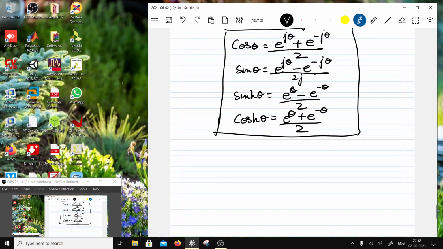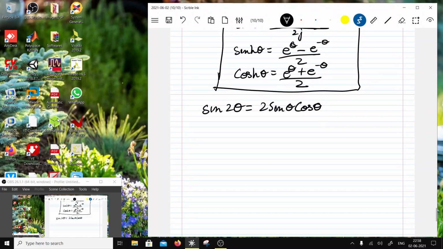Okay, so now with this, let's progress to some other relationships in trigonometry. Let's say I want to show sine 2 theta is equal to 2 sine theta cos theta. I can take the RHS and prove it to be the same as the LHS.